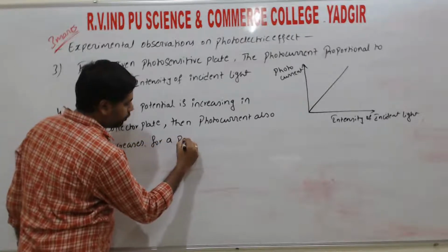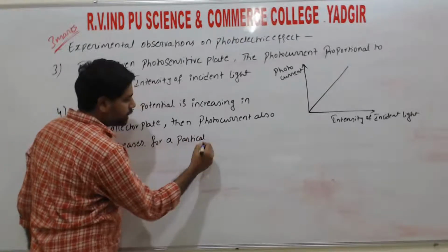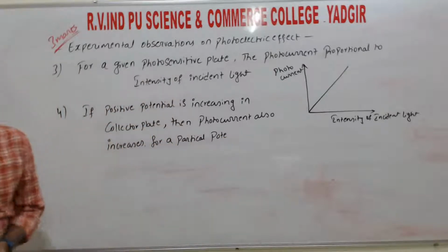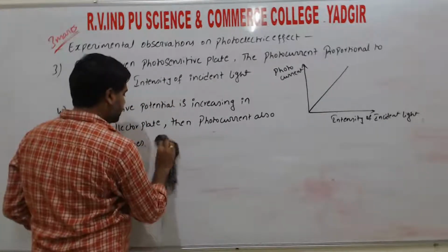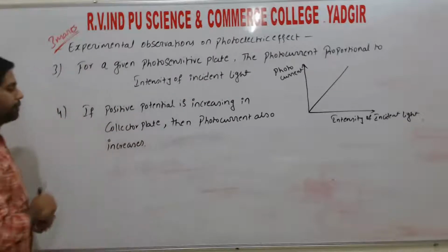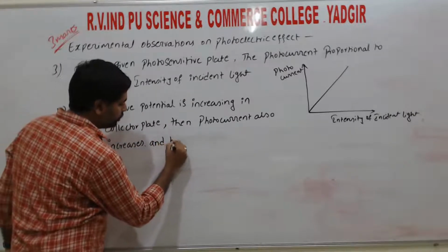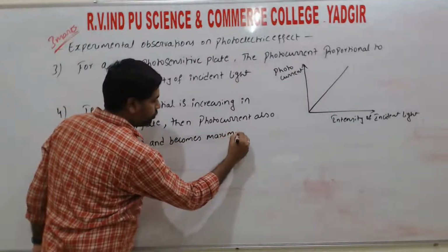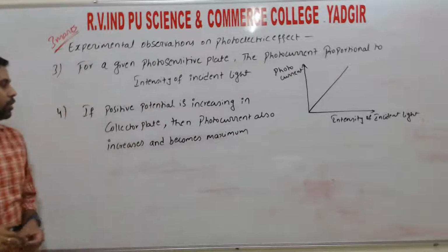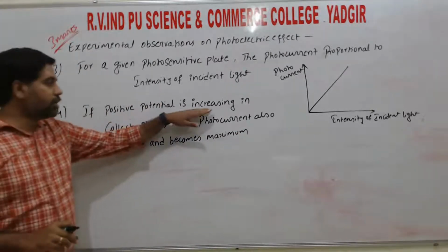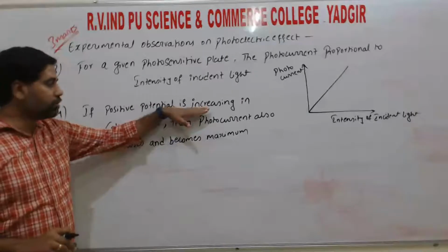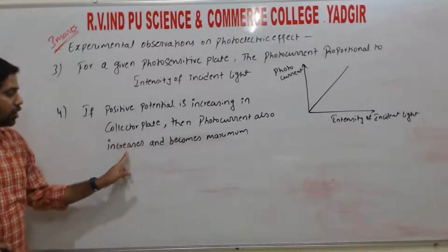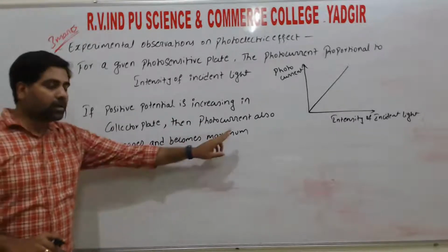For a particular potential it increases and becomes maximum. Right, like that. So if we apply a positive potential to the collector plate and keep increasing that potential, then the current also increases and becomes maximum.